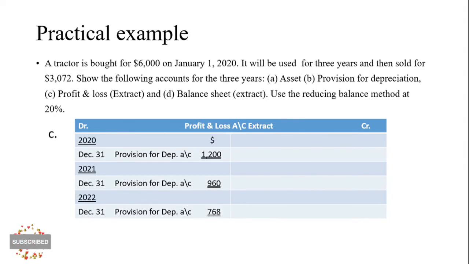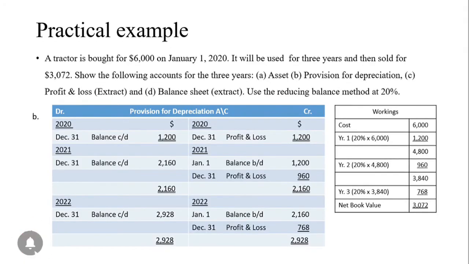Now, if you look back at this provision for depreciation account, you would realize that we credit the provision for depreciation account with the profit and loss. I will say, December 31, profit and loss, 1,200, all of that. It therefore means if we're following double entry principle, that the profit and loss account must be what?